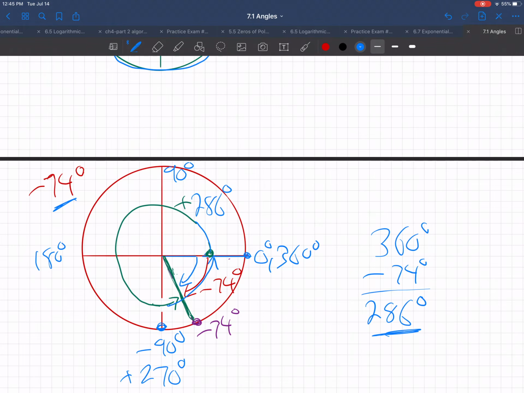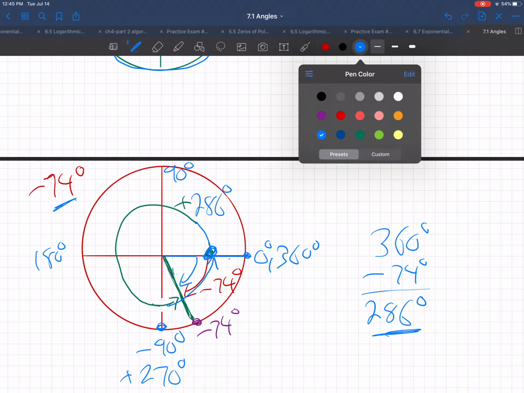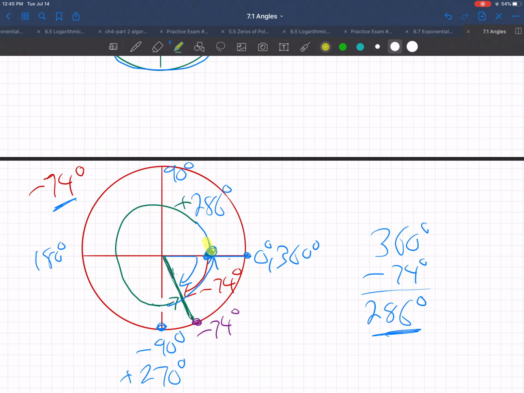Do you see how I figured that out? If you start right here and you go all the way around to 360, but then you back up 74, you're at the same spot, right? In other words, this is just 74 less than all the way around.